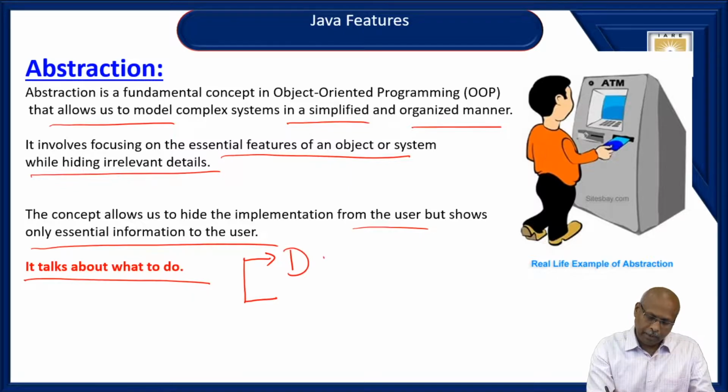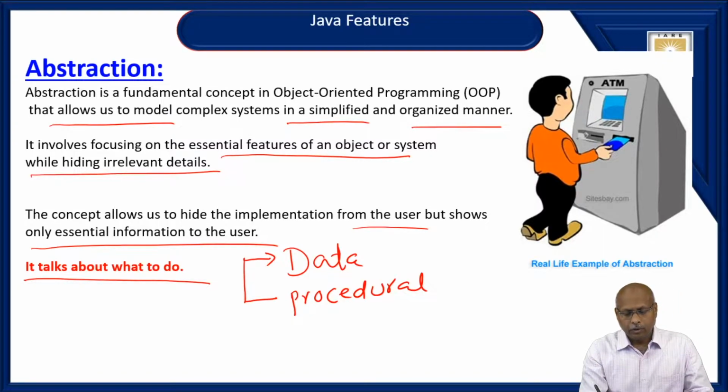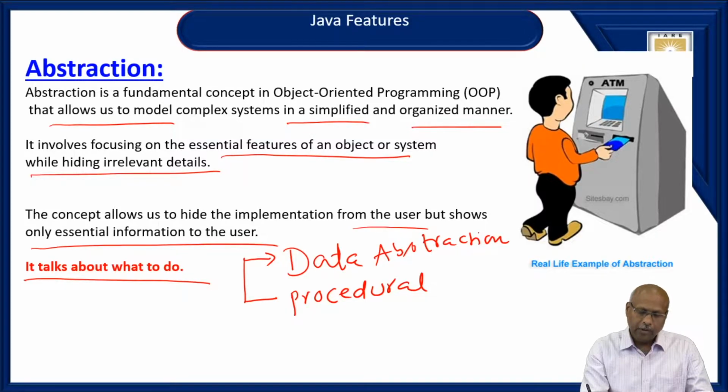In terms of OOPS, we say first data abstraction, then procedural abstraction. Our Java is completely concentrated on data abstraction, whereas C or Pascal come under procedural abstraction.